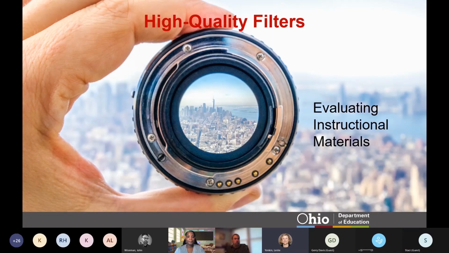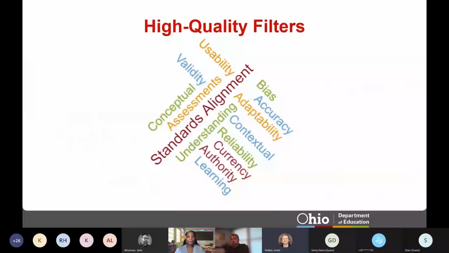Now we're going to post in the chat a rubric or filter with criteria that we considered for this project, and it's based on filters we developed for other purposes. And you'll see when you look at this rubric that you'll see criteria that were actually mentioned in the chat. So we considered standard alignment.